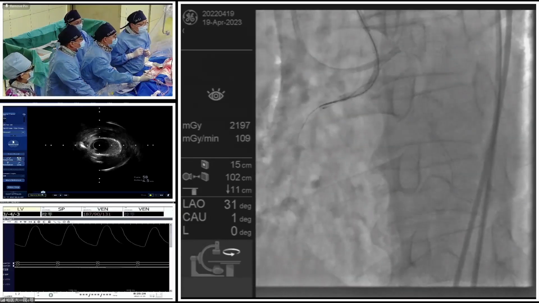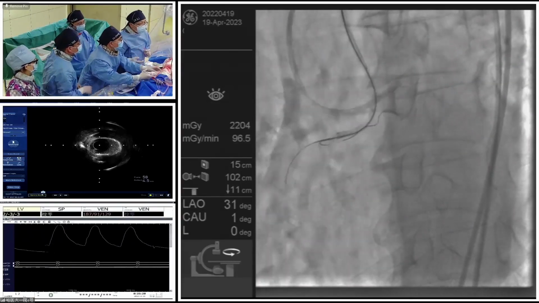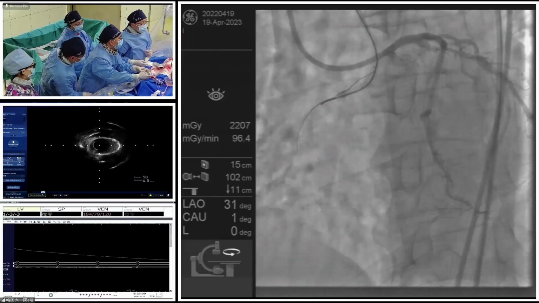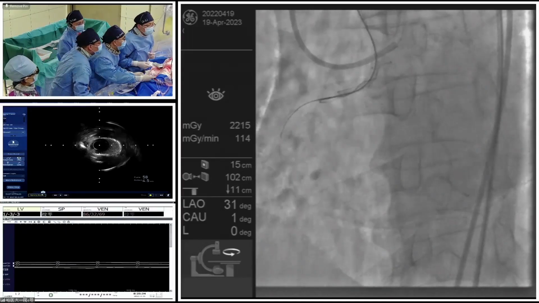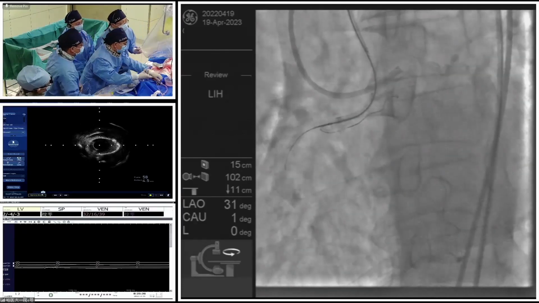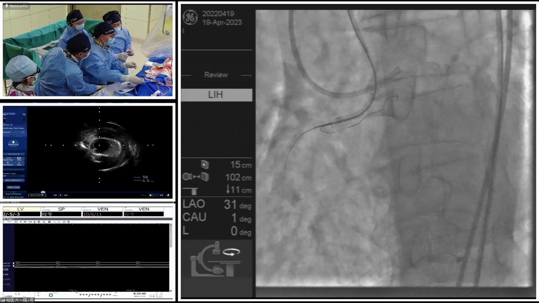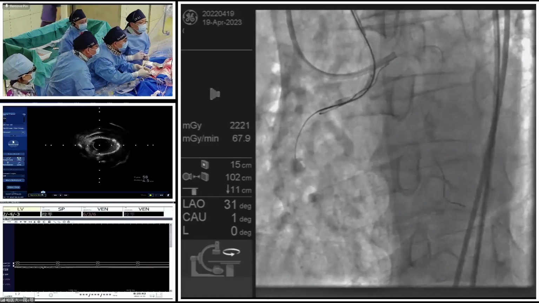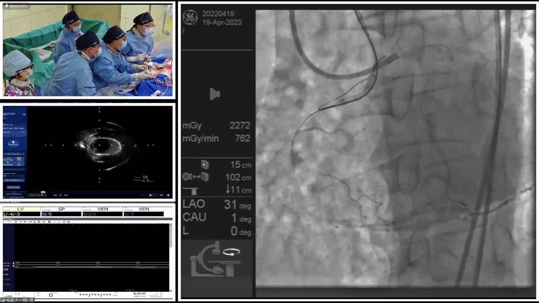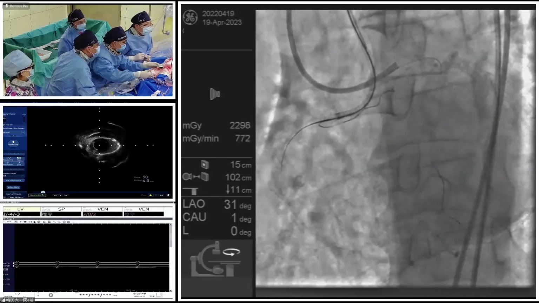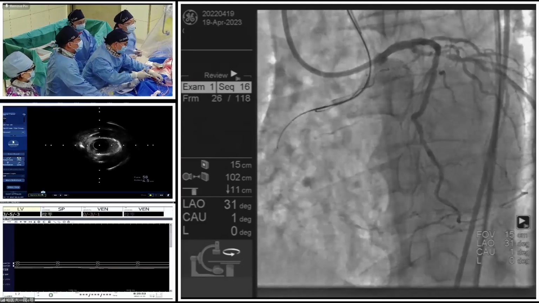Also, even though the occluded segment is not so long, within 20 millimeters, the proximal part, from the ostium of the RCA to the entry point of the CTO segment, is quite short. We also notice there are 2 side branches at the proximal part of the RCA, which increase the risk and difficulty of going into the true lumen.